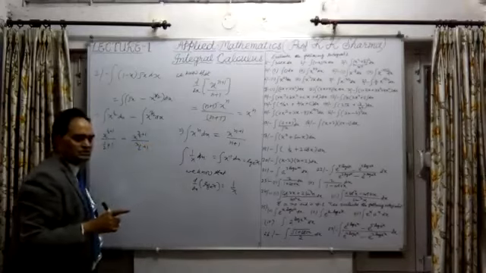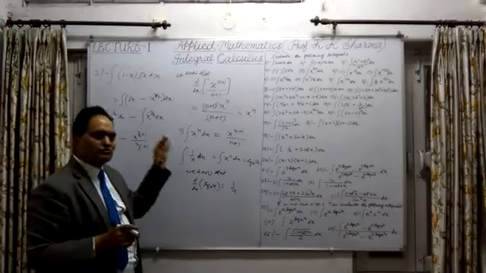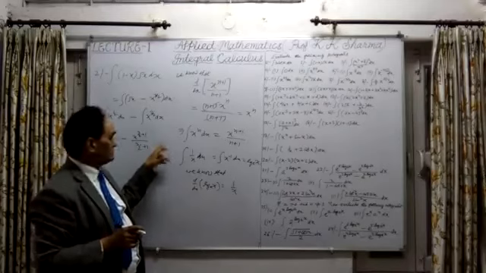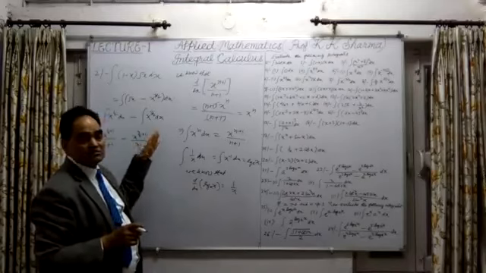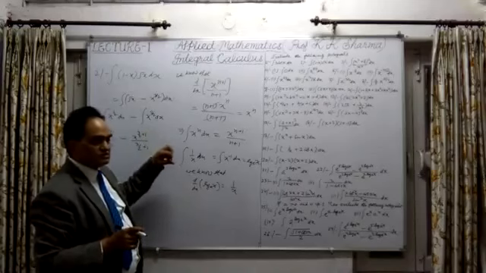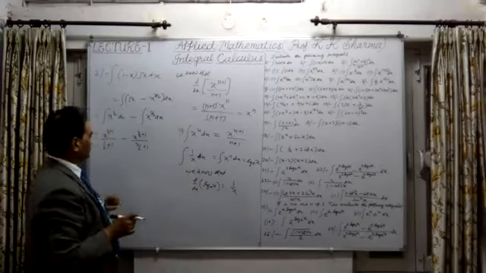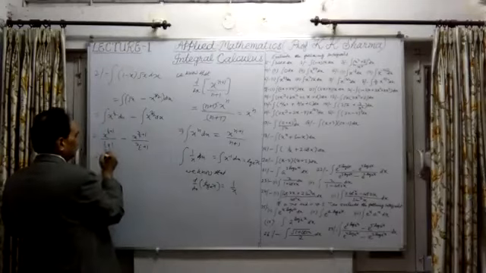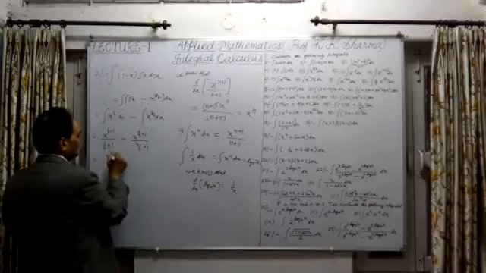We are omitting the constant here because this is an indefinite integral. The constant is understood. The constant is there because integrals of the same function differ by a constant. That we know. So we are not writing the constant, simply writing the result. Here the denominator is 3 by 2, and in the numerator the power is also 3 by 2.